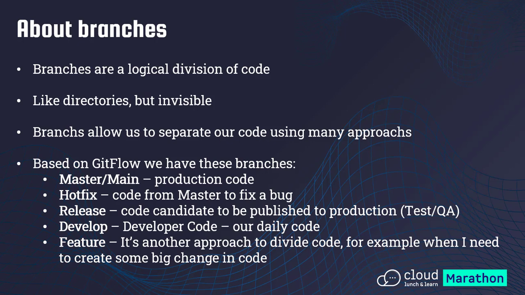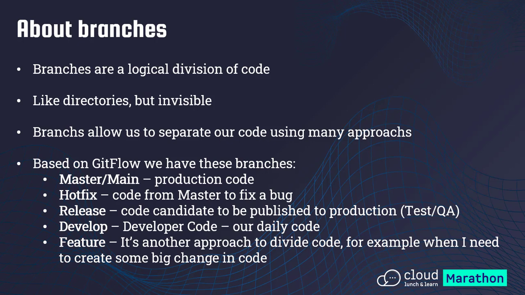We have a release branch. A release branch is a code candidate to be published. For example, I have a develop baseline working. Develop is the developer code. It's our daily code, the place where developers code daily. I can pick up a version of this code and put it into release.